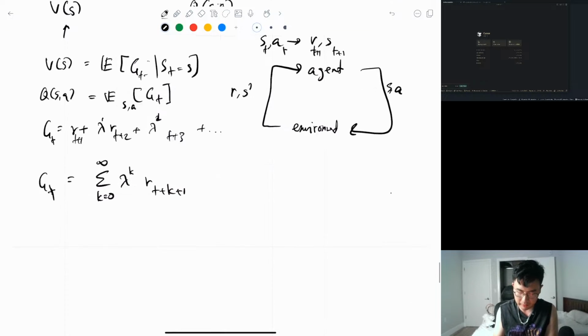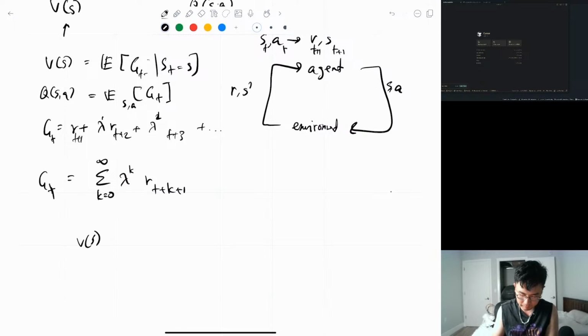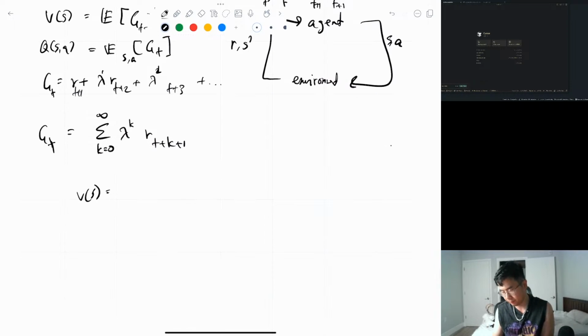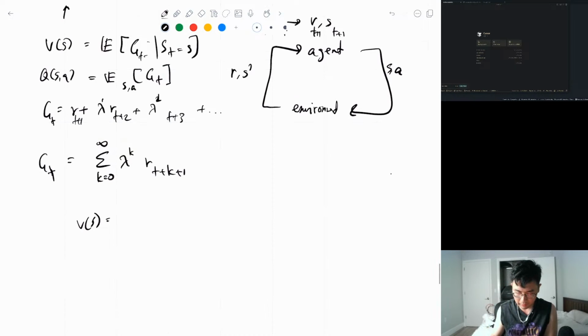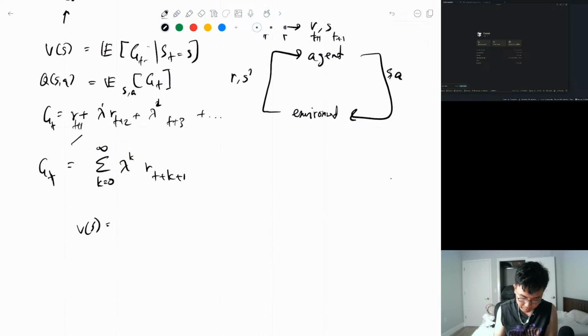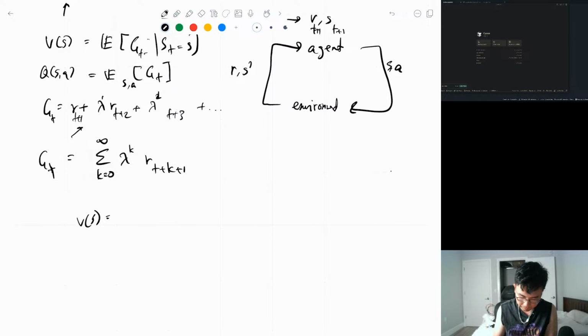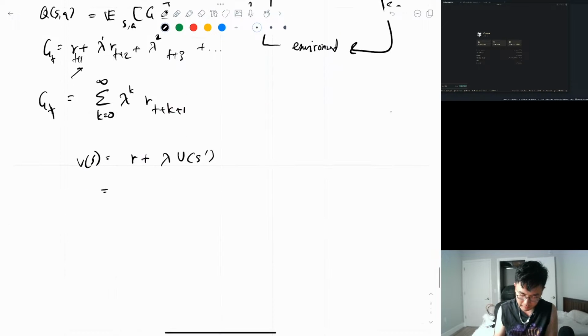And if you were to expand this out, V of s by definition, if we take this return and write it as a Bellman update, this is equal to r plus gamma V of s prime. And this is equal to r plus, how do you end up in s prime, right?